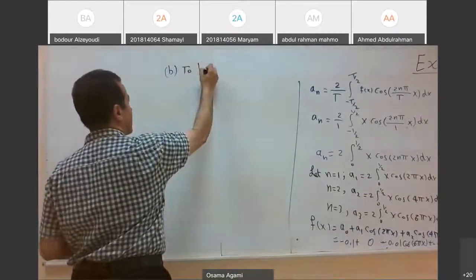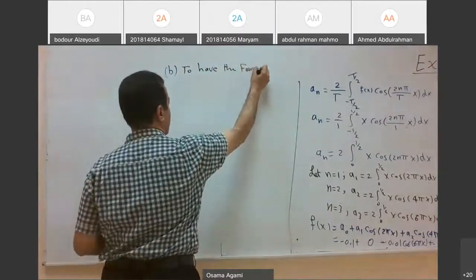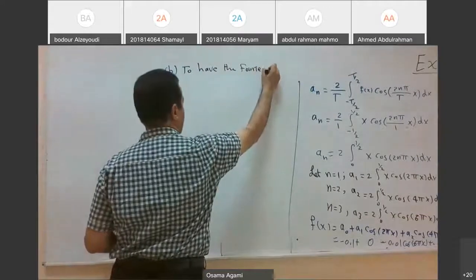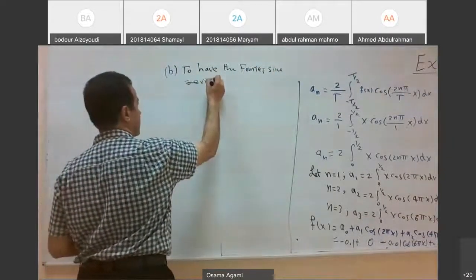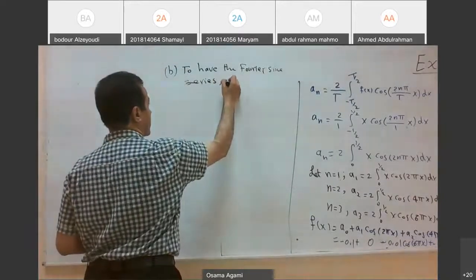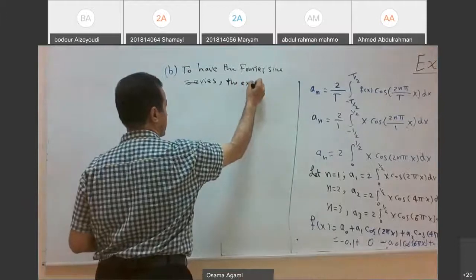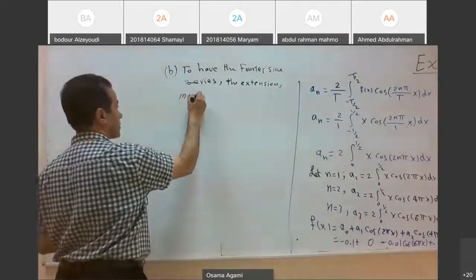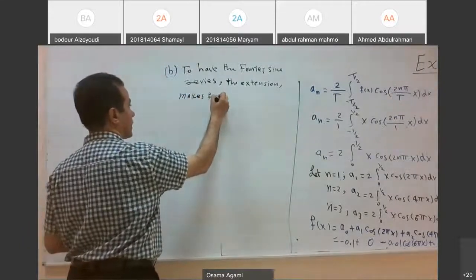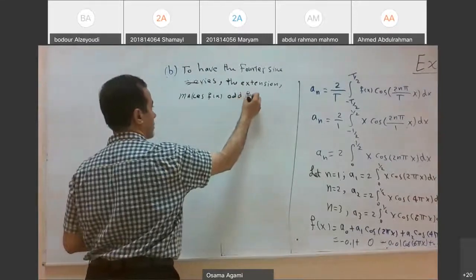To have the Fourier sine series, we have to extend the extension, make f of x an even or odd function.